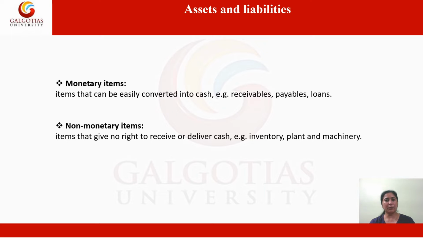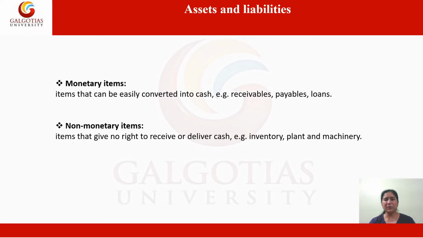In the context of IAS 21, the assets and liabilities of the business entity include monetary items and non-monetary items. Monetary items are those items which can be easily converted into cash.